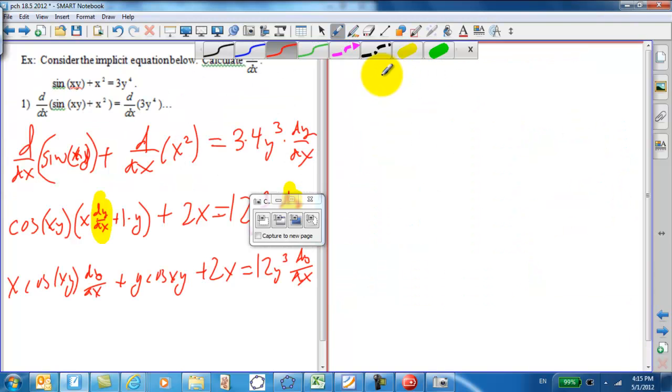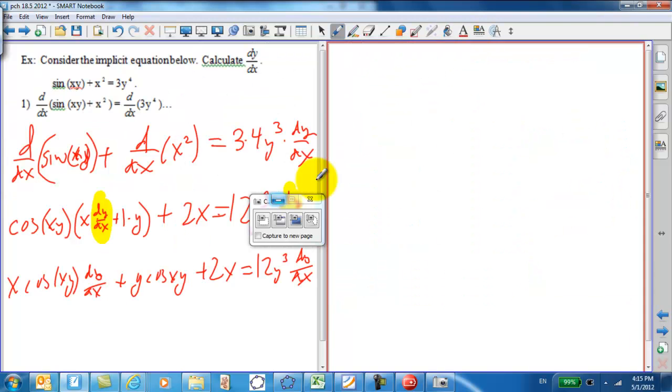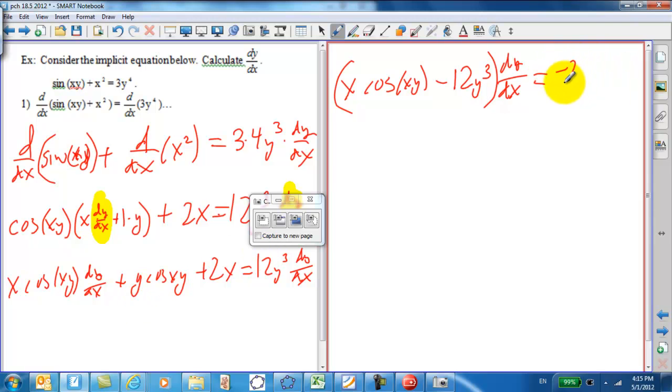So now you want to get the dy dx terms on one side. So it's x cosine xy minus 12y cubed times dy dx, and all the terms that don't have that on the other. So that's going to be minus 2x minus y cosine xy, and then divide by the coefficient on dy dx.